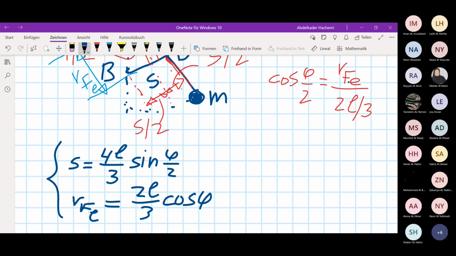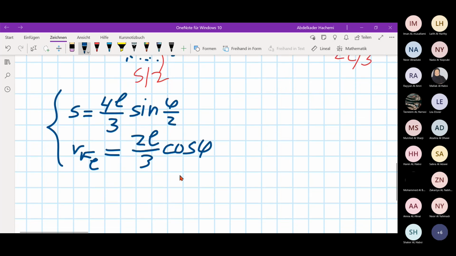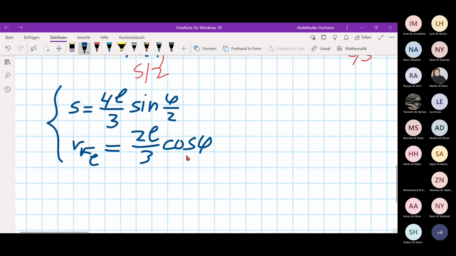These are now the two expressions for the two variables S and R_FA.